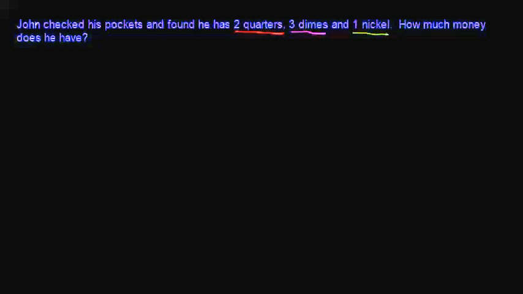Now, to work on this, first we need to look at how much each of these coins is worth. Well, a quarter is worth 25 cents. Notice I put this C with a line through it. That's our cent sign.